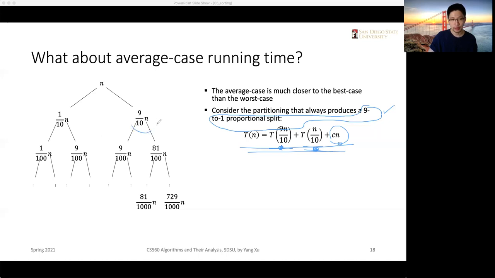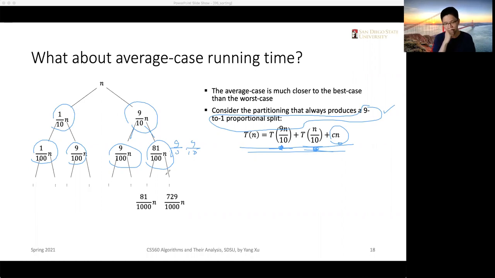So on the right, if we look at the first split, we have 9/10 and 1/10, and when this one gets further split, we have 9/10 times 9/10, because it's always a 9-to-1 proportional split. We will have 81/100, and then 9/100, 9/100, and 1/100. We do this until we reach the smallest input case.